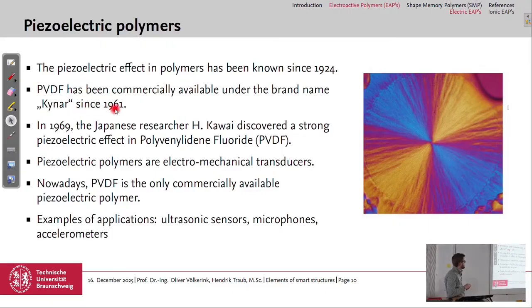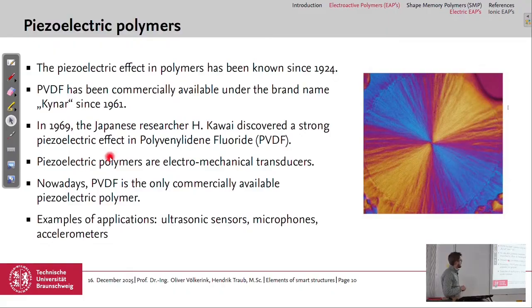And it's commercially available under the brand name Cunard since 1961. And in 1969, the Japanese researcher Kawai discovered a strong piezoelectric effect in the material. So it was first commercially available, and then 8 years later, this piezoelectric effect was discovered. PVDF stands for polyvinylidene fluoride. I don't know, that's at least the German spelling.